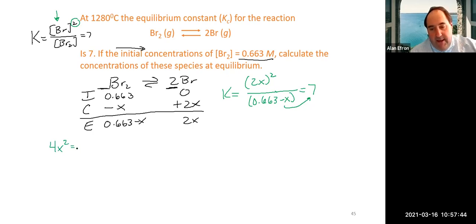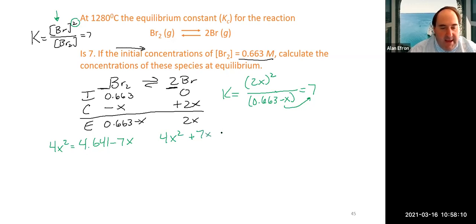And if we multiply to the other side, 0.663 times 7 gives us 4.641 minus 7x. Again, we want to bring everybody to one side, and that would get us 4x squared plus 7x minus 4.641 is equal to 0.